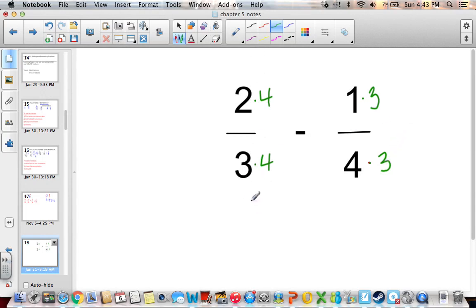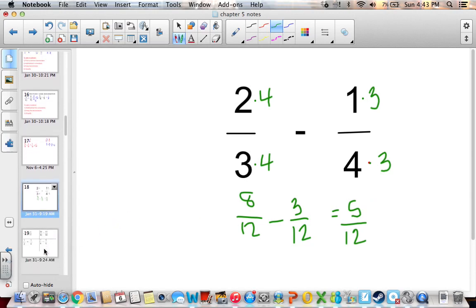So now I'm going to rewrite to keep myself organized. 8/12 minus 3/12. 8 minus 3 is 5. I keep my denominator. 5/12. I ask myself if it's in simplest form, which it is, so then I stay with 5/12.